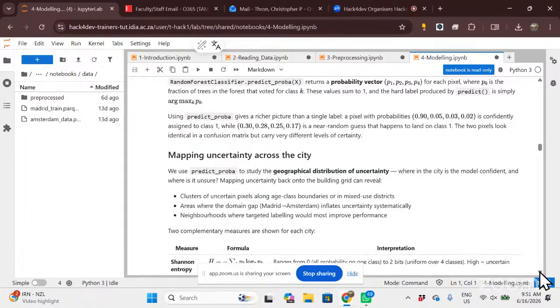So if I have one pixel here, and I'm looking at that pixel across all years, it's going to have a probability of being in class 1, a probability of being in class 2, a probability of being in class 3, and a probability of being in class 4.